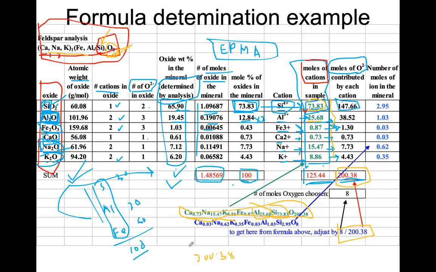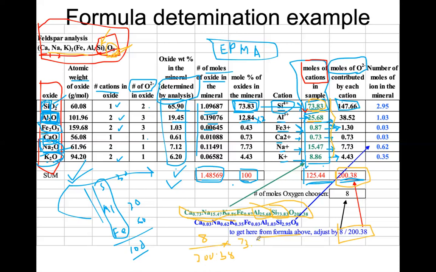So for 200, this much, and for 8, how much proportion you have to take. So you have to multiply by this factor. This is kind of a factor, the above formula, each and every number, right? Each and every number should be multiplied so that you will get the representation for 8 oxygens, right?